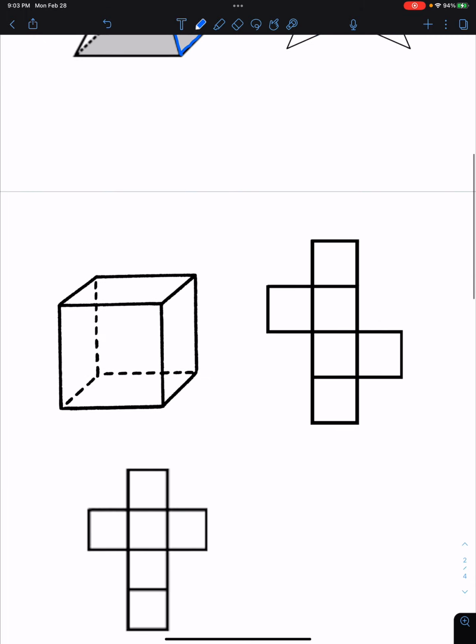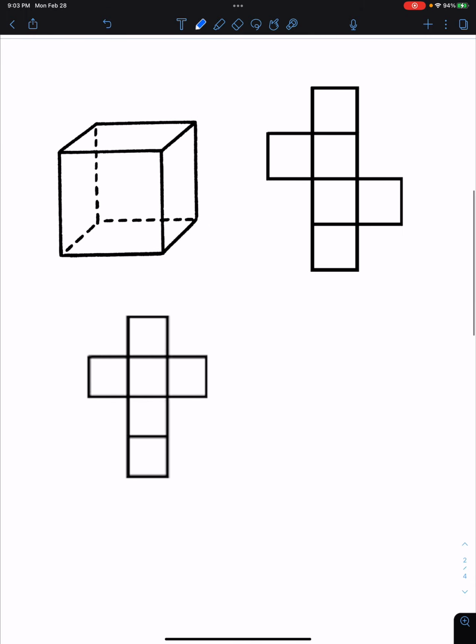So let's take a look at another example of a net. And this one is a net of a cube. So in a cube, all of the faces of the cube and the base and the top are squares. So when we flatten it out, all of the shapes of the net are going to be squares as well.